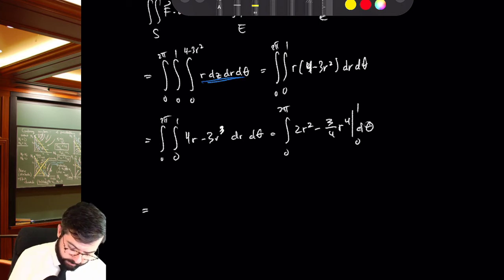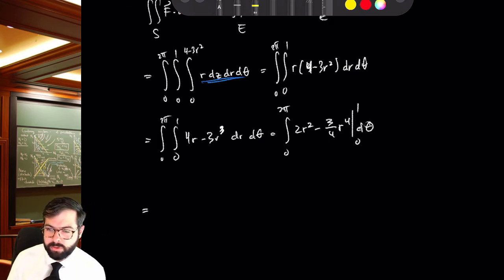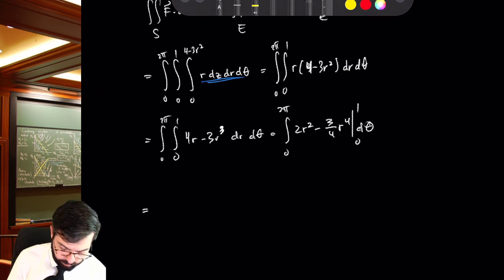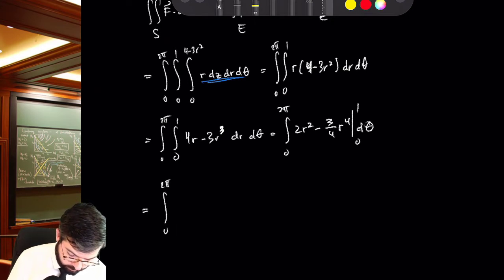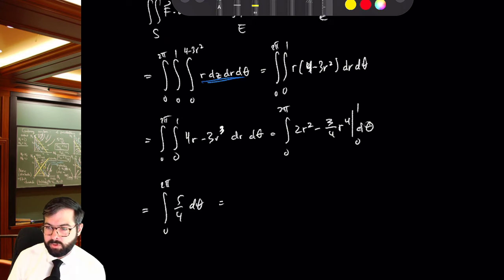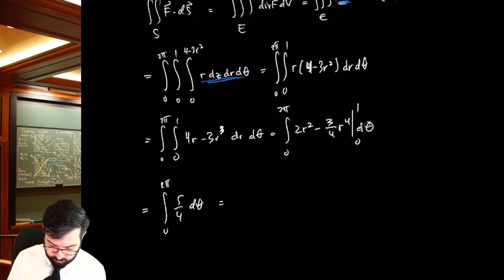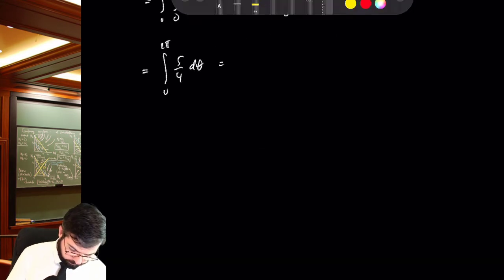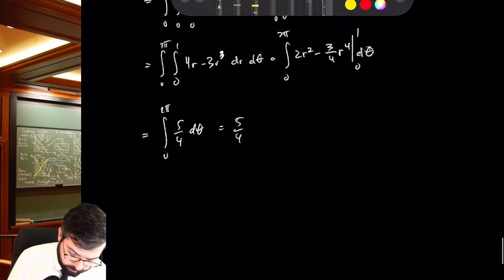Moving a little quick. So then we've got 2 minus 3/4, so we've got 5/4 d theta. It's 5/4 times 2 pi, which is 5/2 pi.